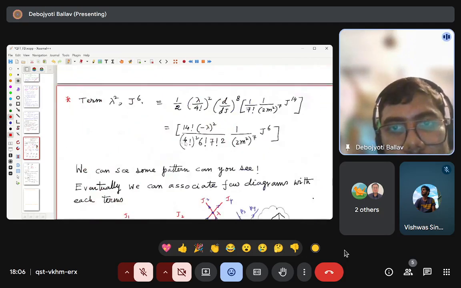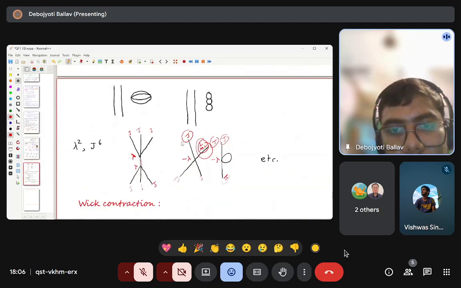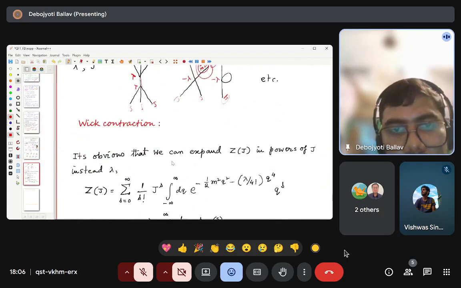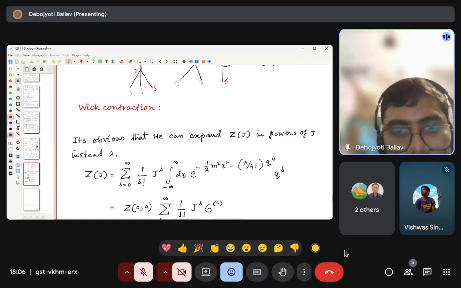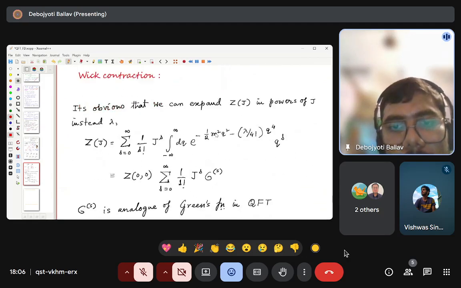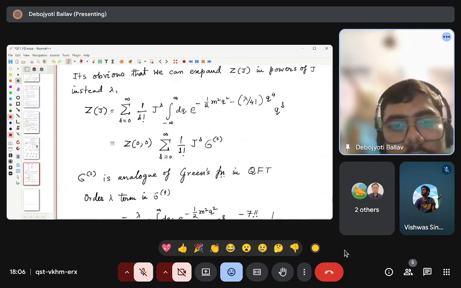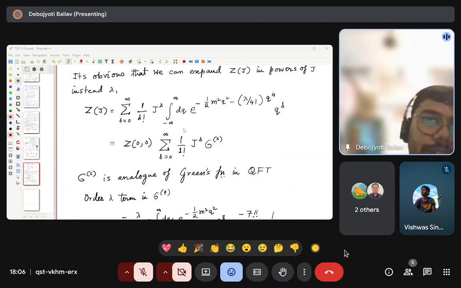Now, as you see, there is another point I just want to mention and conclude. There is an obvious point that you can also expand this Z of j in the power series of j rather than the power series of lambda.